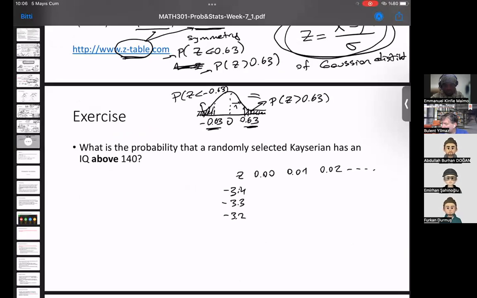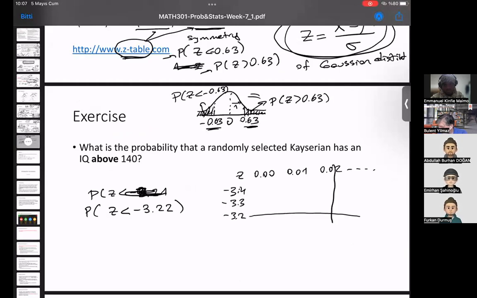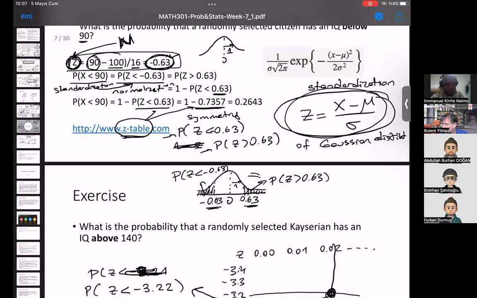For example, if I want to find the probability of Z less than minus 3.22, let's say, how do I find the probability? I go to the Z table, find this row and this column, and find the number here. This number is the probability of Z being less than minus 3.22. This is how I found this number.